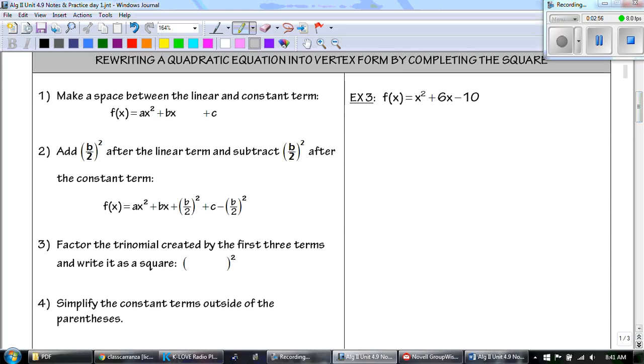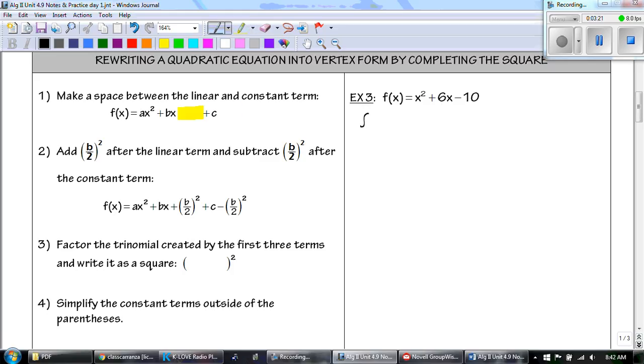So I'm going to do example number 3 as we read these steps. The first thing it wants us to do is make a space between the linear and the constant term. So if you see between the bx and the c, we made a little space for it. I'm going to do that over here.